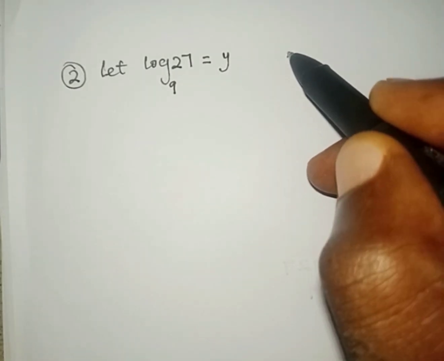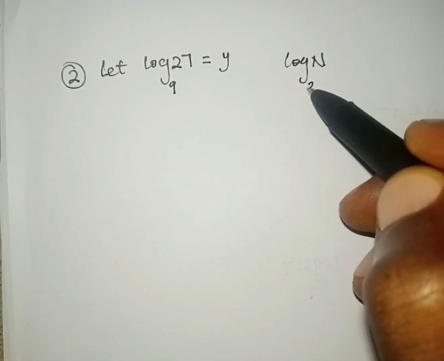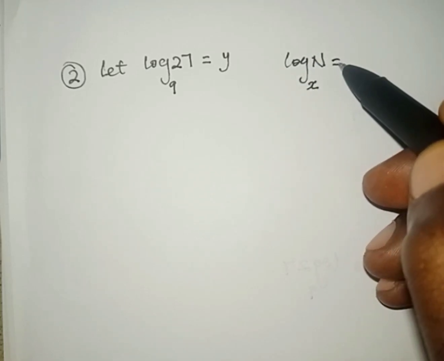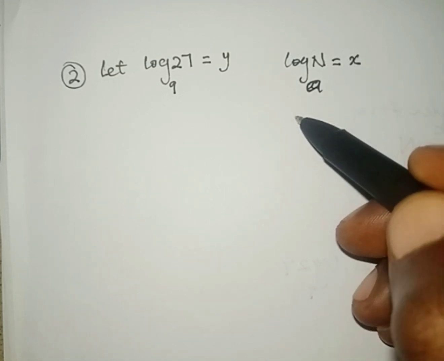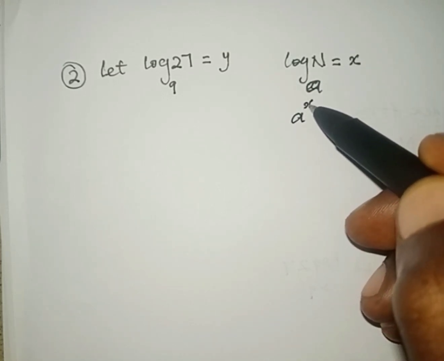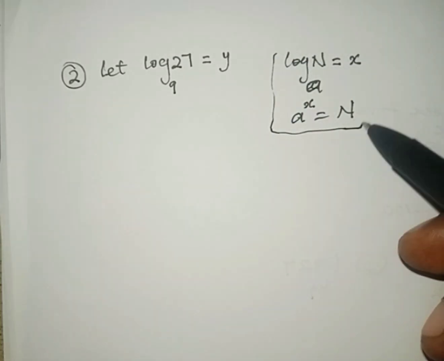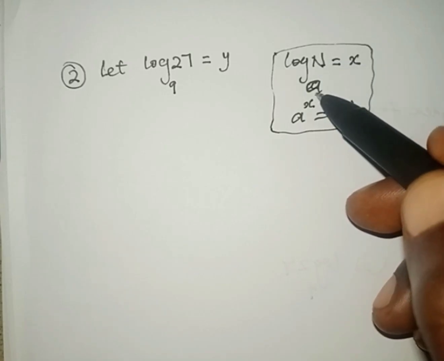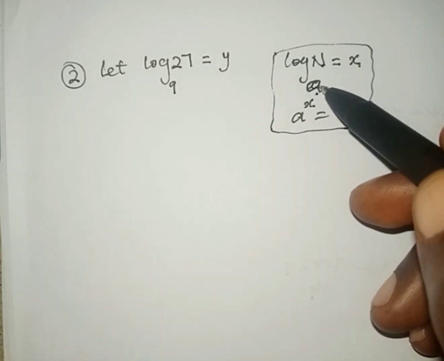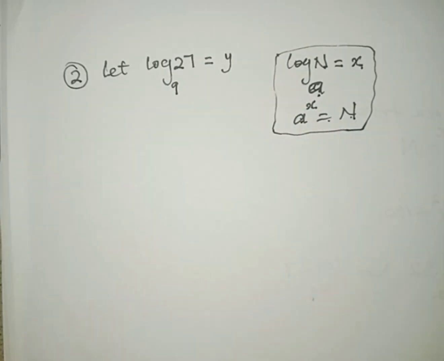Remember, log n to base a equals x simply means a raised to power x is equal to n. I always talk about this because this is the definition of log. Log of a certain number n to base a is the number of times x by which a is raised to give n. That is, a raised to power x is equal to n.